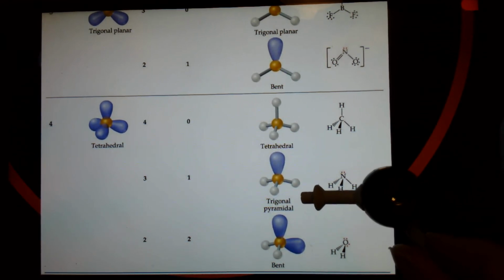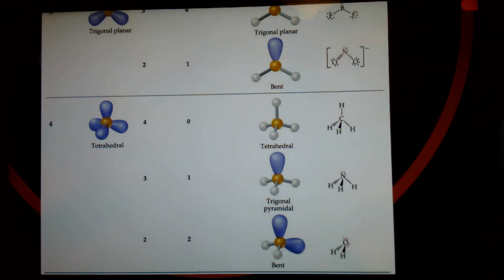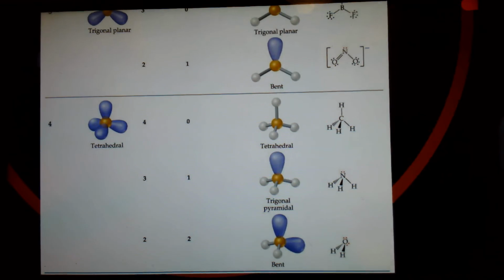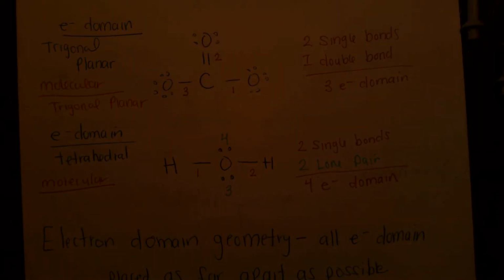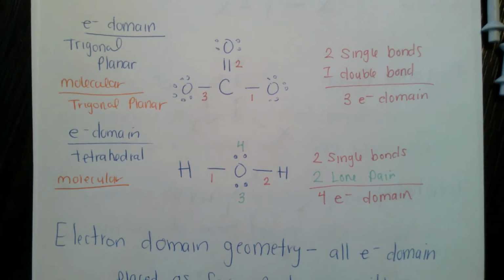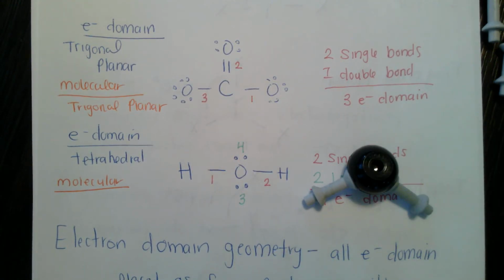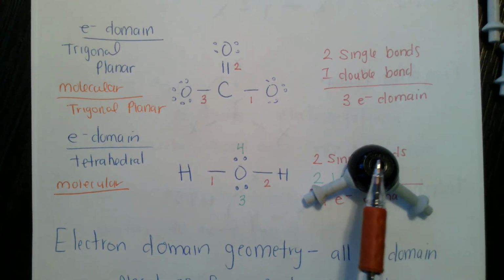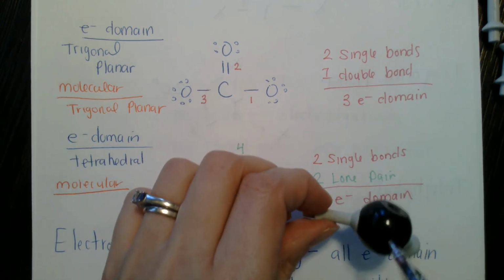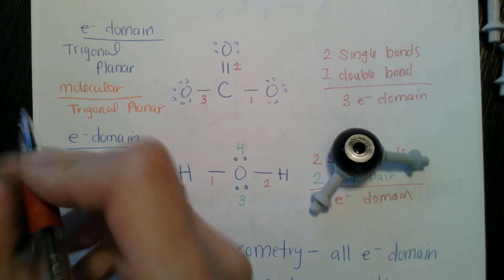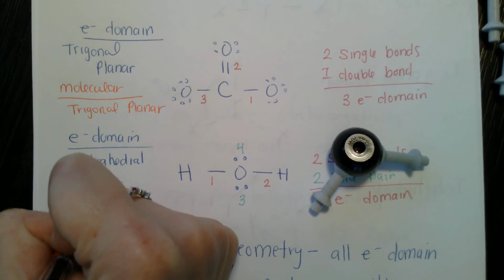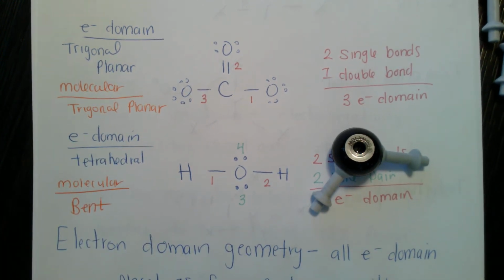That gives us the bent shape here. Okay, so that's this one here, 2 bond, 2 lone pair. Okay, so water is this one right here, 2 bonding groups with 2 lone pair. So this one is bent. So water is bent.